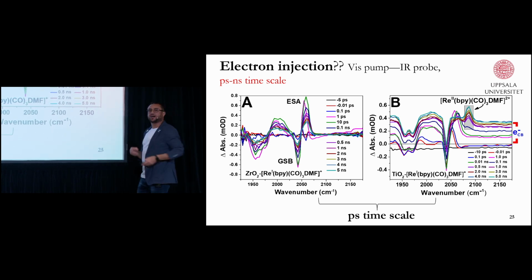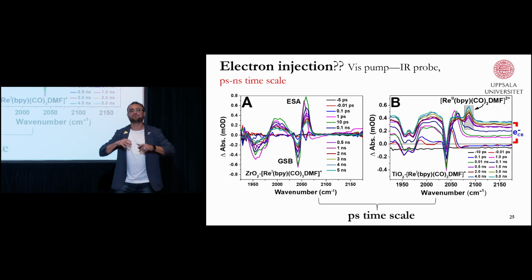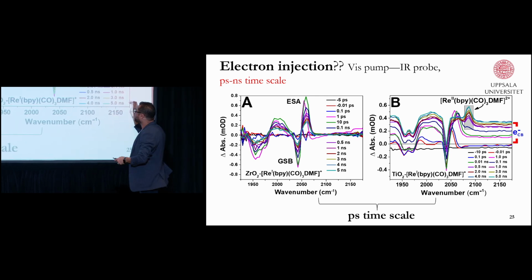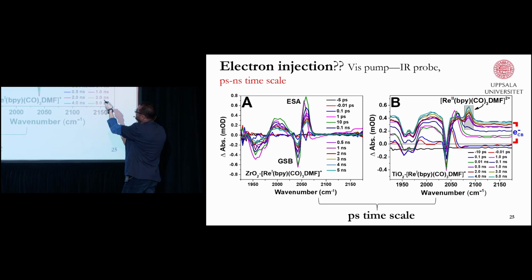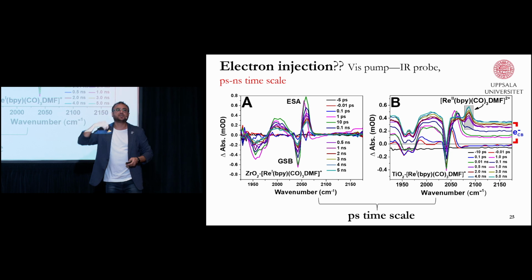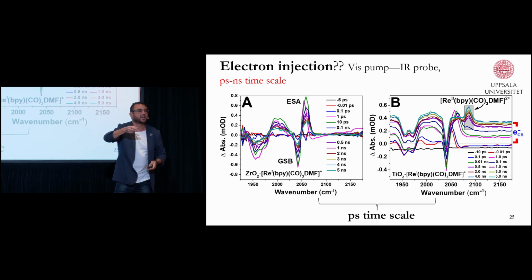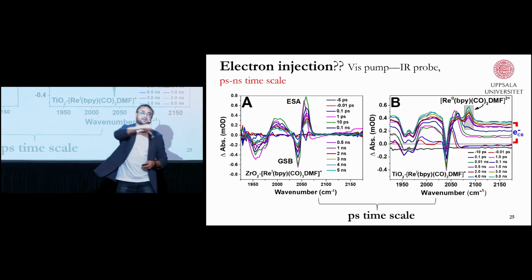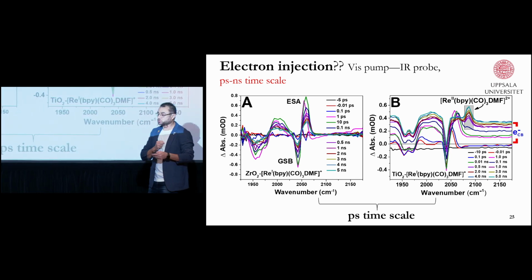This one in the IR tells you that there are free electrons in the titanium dioxide conduction band. While this beautiful small new band or peak here tells us a new species has been formed. And the only way to see that is if the catalyst itself injects electrons into the titanium dioxide. And that was the case.